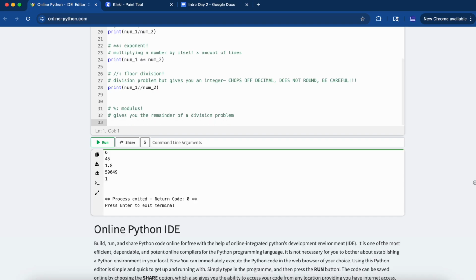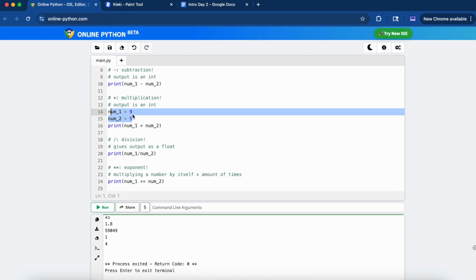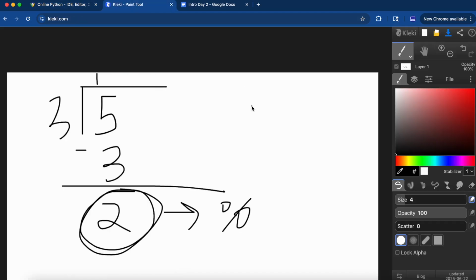So let's change up num1 and actually, I think our example right now works pretty well. Let's do num1 mod, and for modulus you use the percentage symbol, num1 mod num2. And if we run this, we are going to get 4, because let's remember what num1 and num2 are. Num1 is 9, num2 is 5. Let's try that division problem again then.